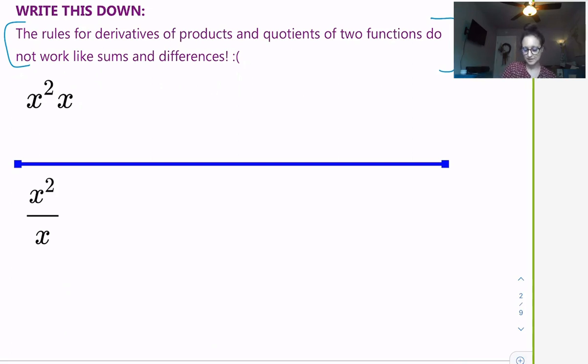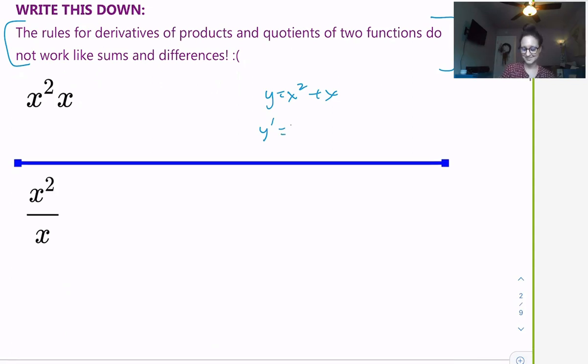Well, I mean that if I gave you y equals x squared plus x, and I want you to find the derivative, you can just go term by term, right? And take the derivative of x squared, which is 2x, and the derivative of x, which is 1, and that would be y prime, right? Let's try applying that same logic to x squared times x, okay?